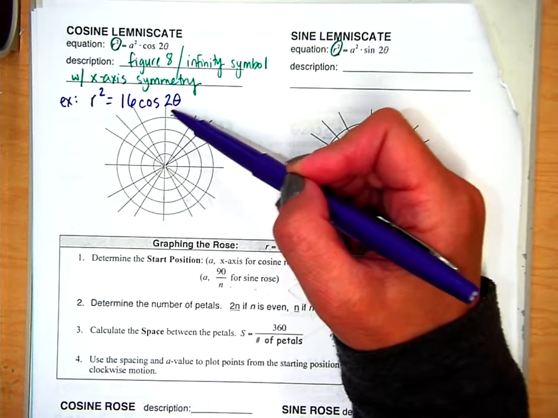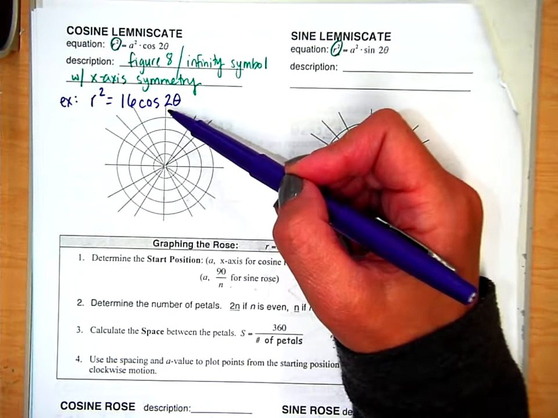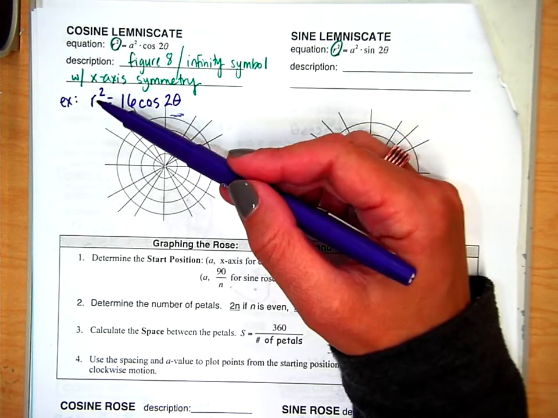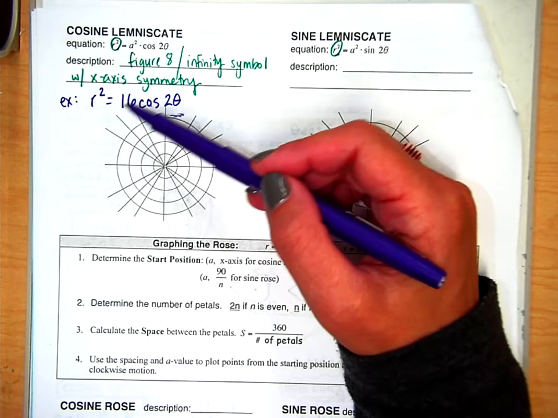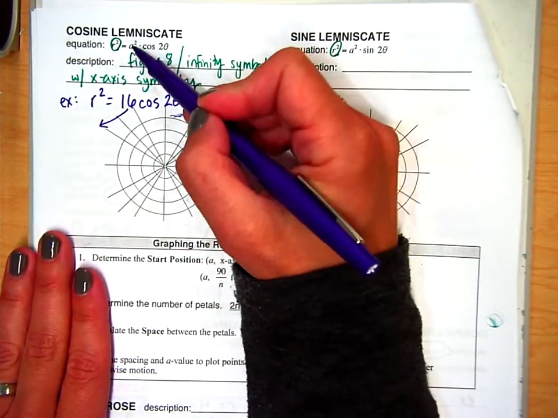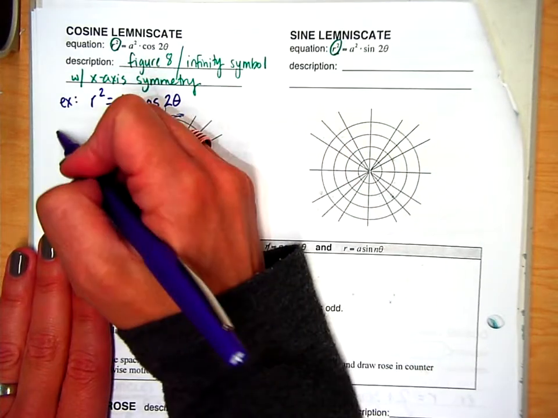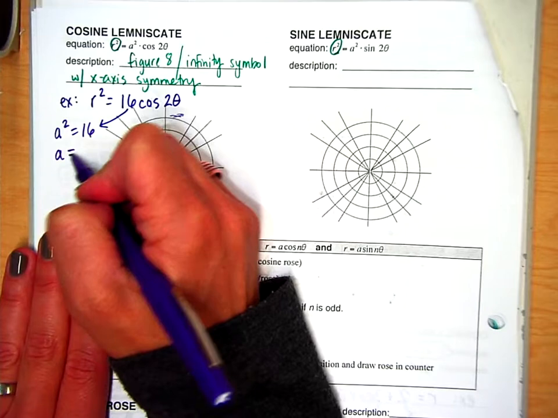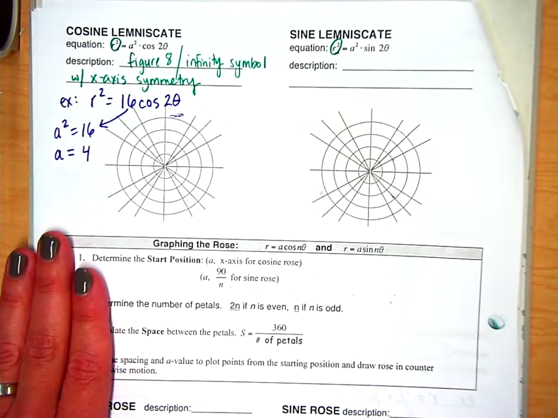Okay, so that's different versus the ones we saw yesterday. They were all just thetas. So this one is going to have a 2 theta in there, and it's going to have the r squared. All right, so when I start here, 16 corresponds with a squared, right? So a squared equals 16, which means a equals 4.